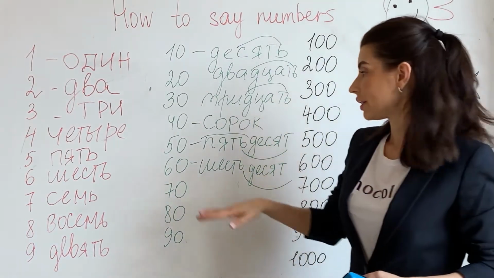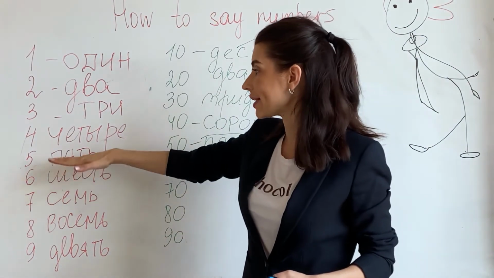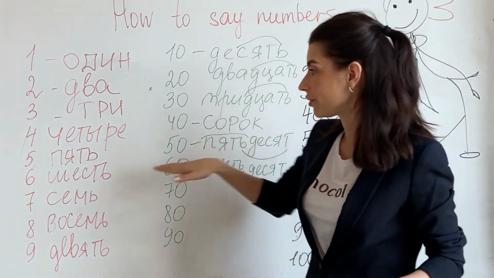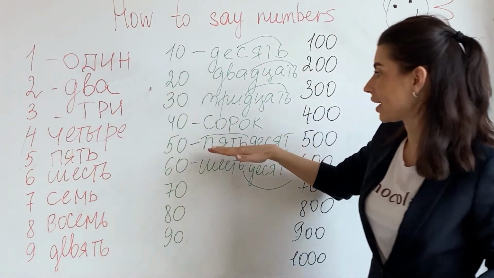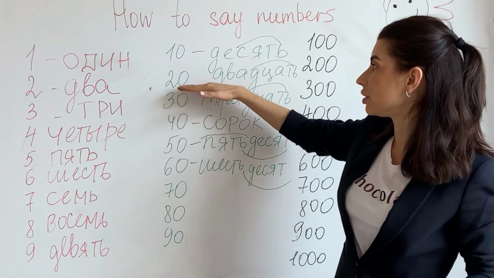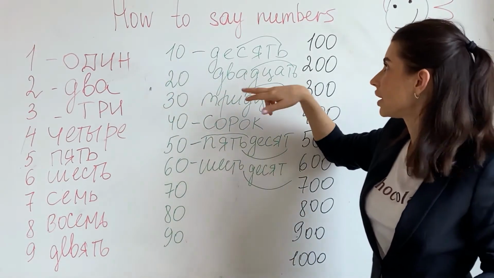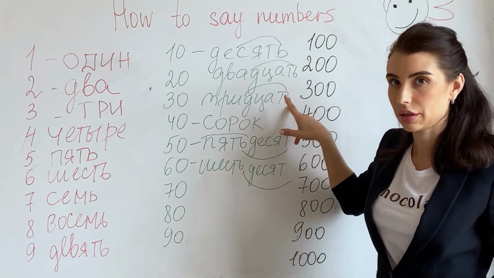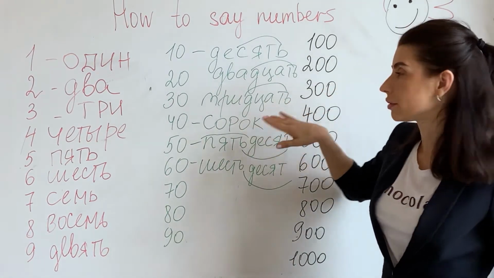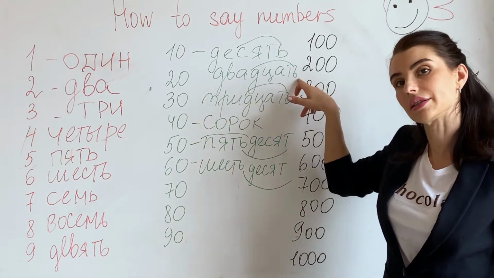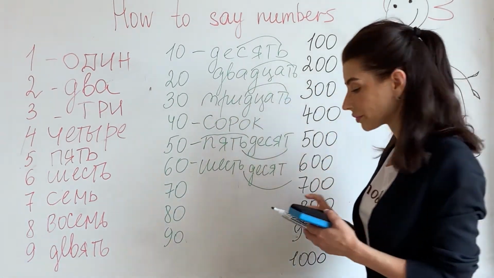So 6, 10. 5, 10, you see? But 30, 20 and 10 can be different, but the side also 10 means 10. 3 децать, 2 децать. Do you understand?